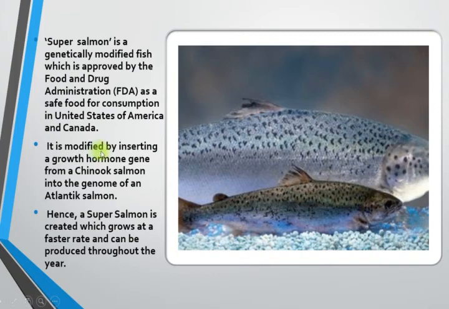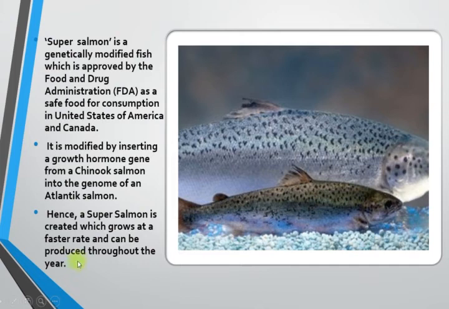It is modified by inserting a growth hormone gene from a Chinook salmon into the genome of an Atlantic salmon. Hence, a super salmon is created which grows at a faster rate and can be produced throughout the year.